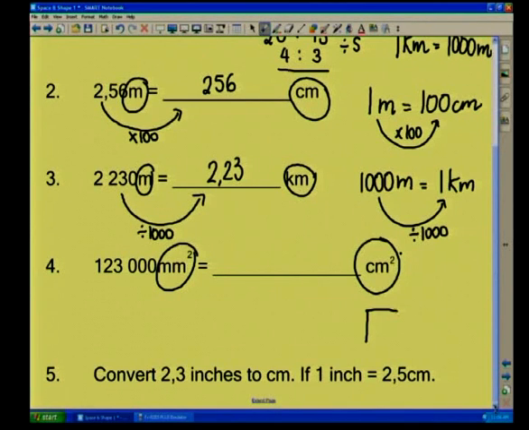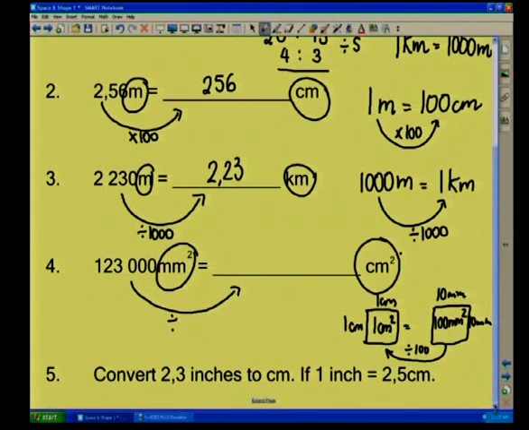If in doubt, always draw little pictures for yourself. 1 centimeter squared was 1 centimeter by 1 centimeter, which is equal to 10 millimeters by 10 millimeters, which is 100 millimeters squared. So to go from millimeter squared to centimeter squared, I need to actually divide by 100.